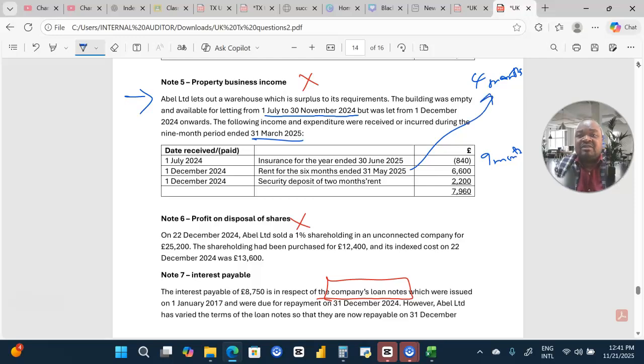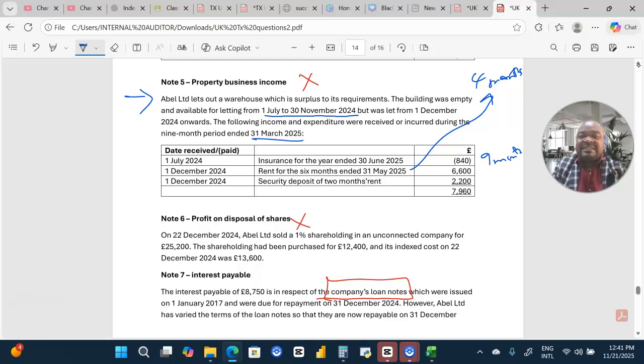So the rental income we are entitled to for this year is for 4 months, because our year ends on 31 March. The rentals for April and May are not for this accounting period. Remember, for companies, it is their accounting year that applies.